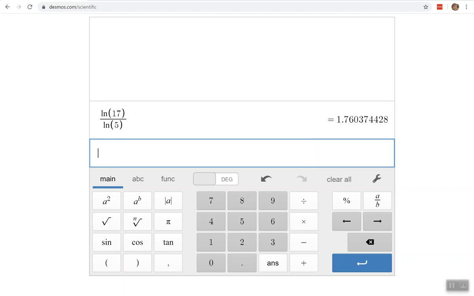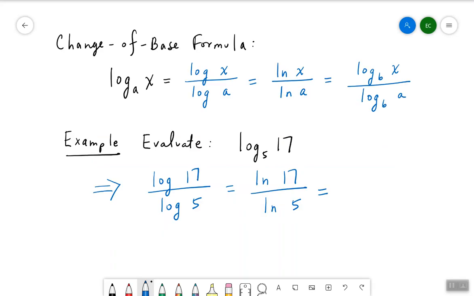And I will invite you to use common logs instead, and to verify that you still get the same answer. So to 4 decimal places, 1.7604. Let's write that down.